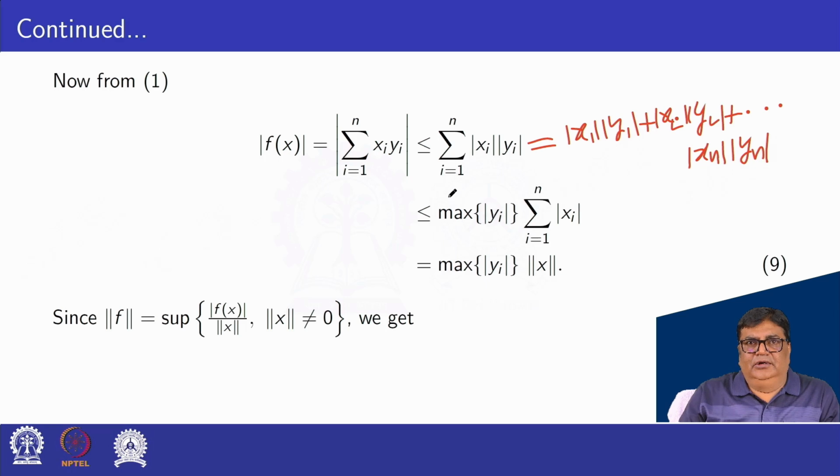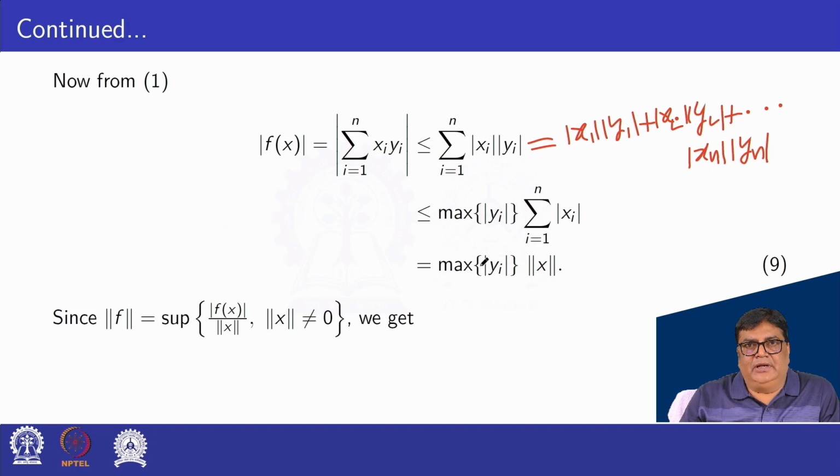So mod fx less or equal to max mod yi times summation i equals 1 to n mod xi. So this term is norm x. So mod fx less or equal to max mod yi into norm x. Also we know that supremum of mod fx upon norm x is norm f.